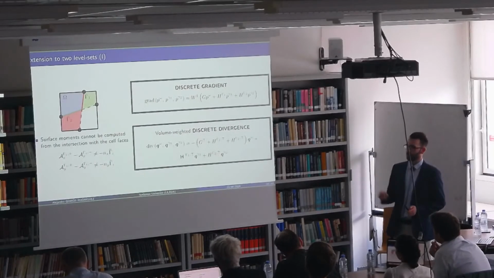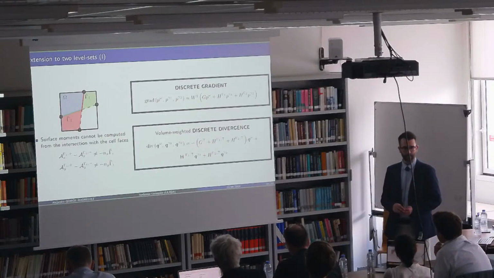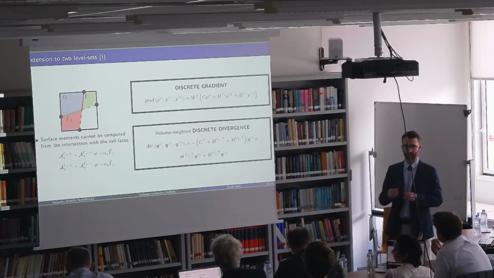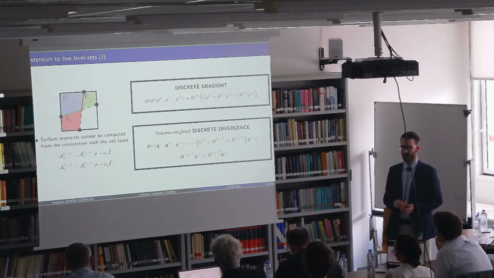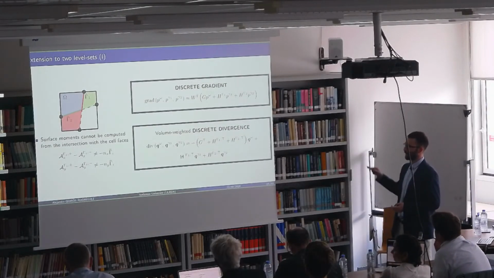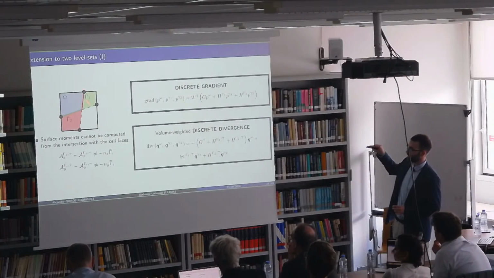Before, we considered a straight surface, but we want to apply the contact line dynamics to arbitrarily oriented solid walls. So we now need two interfaces intersecting our cell. To do so, we use a second level set to define the second interface. The problem is that the surface moments that we use to build our operators cannot be computed just from the intersection of each of these interfaces with the cell faces, which are these black dots here. Why?